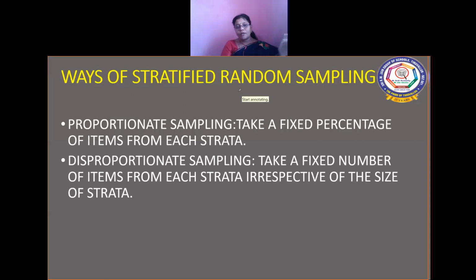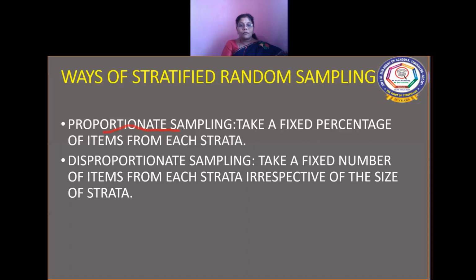All the first standard students go into one group, and all the second standard students into another group. Like that we can keep on dividing them into groups. Once the universe is divided into strata, the next step is to select items for sampling from each stratum. There are two ways of doing this.